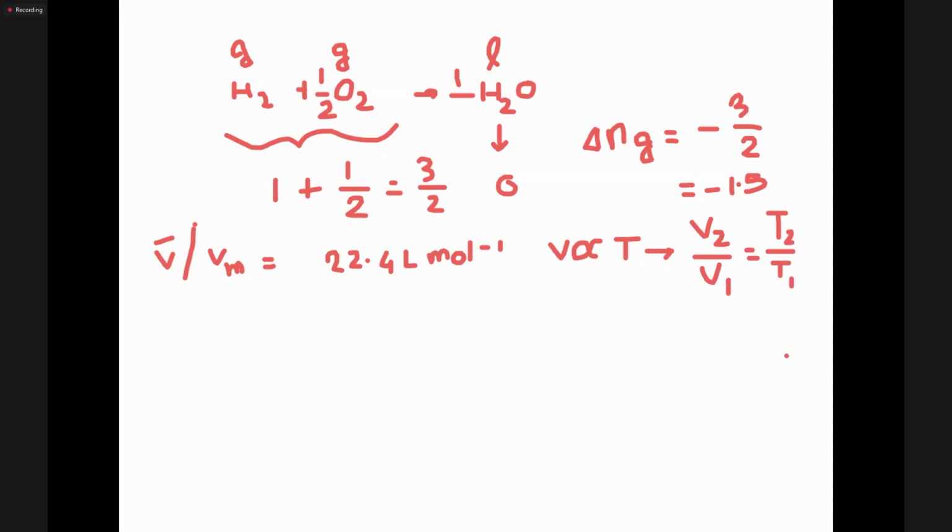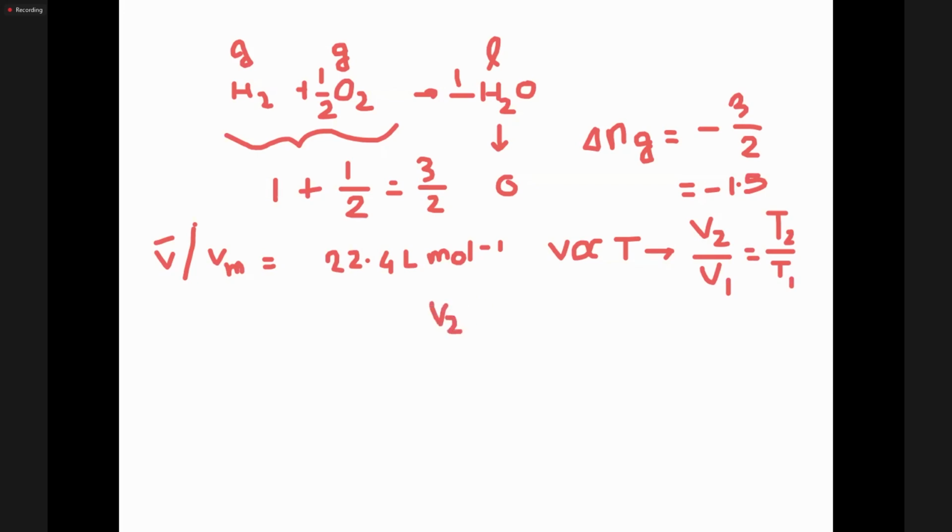So if we have this V2 by V1 equal to T2 by T1 equation, we can easily calculate what is the volume of the gas. V1 is 22.4 liter per mole.